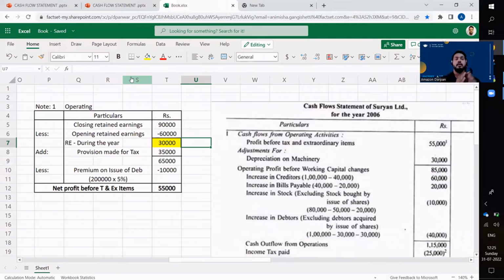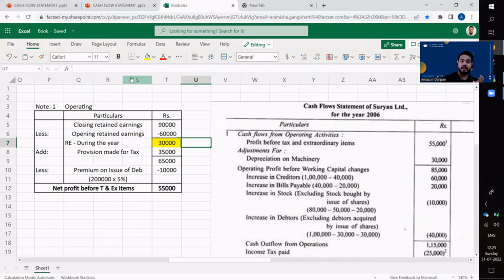Usually we write sales, then we reduce variable cost, we reduce fixed cost, and we arrive at net profit. And in between we also have different items like expenses regarding salary, rent, everything. But right now we are going the reverse way. We are trying to compute the items.